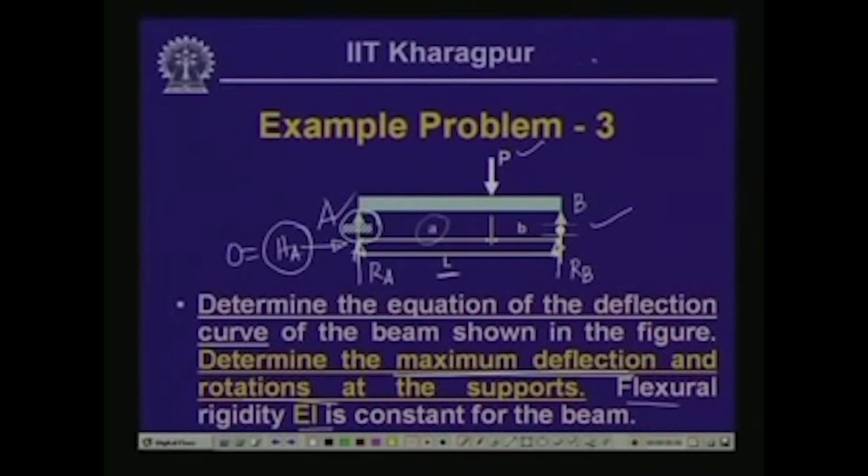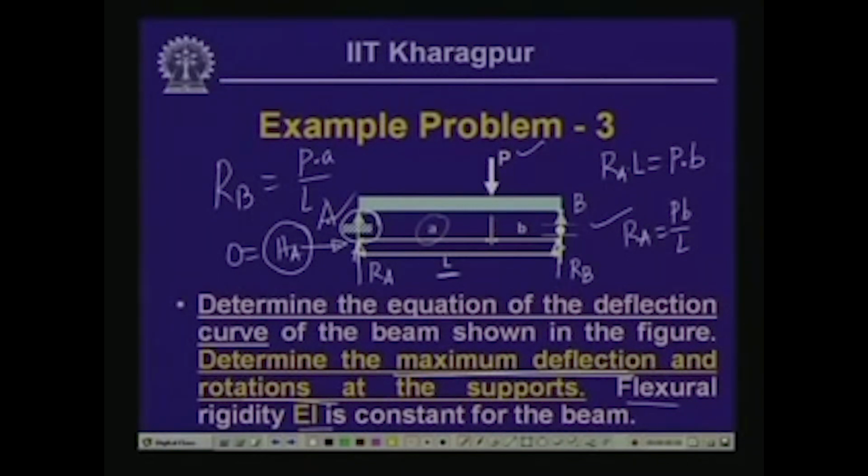If we take the moment of RA and the load with respect to B, then we have RA times L, which is in a clockwise direction, equals P times b in an anticlockwise direction. So, RA is equal to Pb/L, and since RA plus RB equals P, RB will be equal to P minus Pb/L, that is equal to Pa/L. So, these are the values of the reactive forces RA and RB.